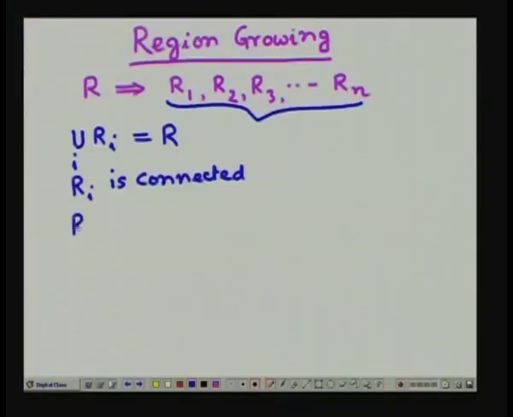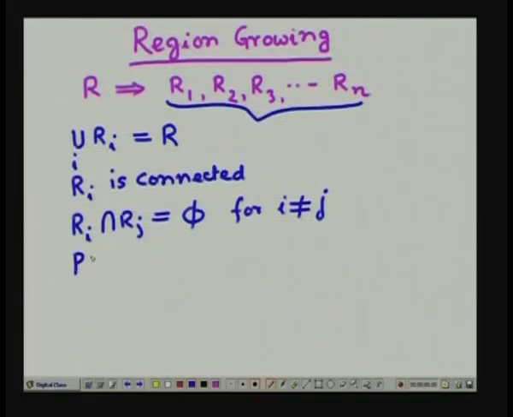The third property is R I intersection R j should be equal to null for I not equal to j. That means, if I take 2 partitions, say R 1 and R 2, they should be disjoint. There should not be any common pixels in these 2 partitions R 1 and R 2.